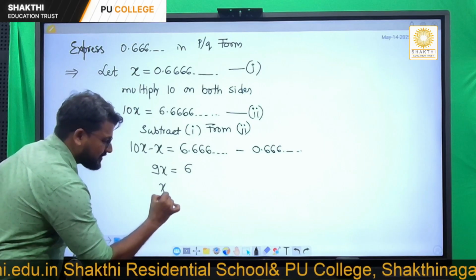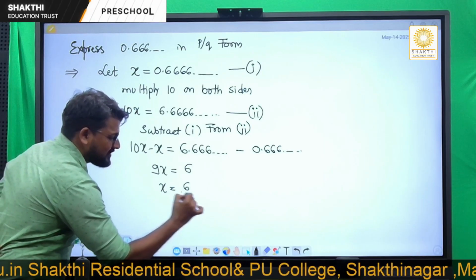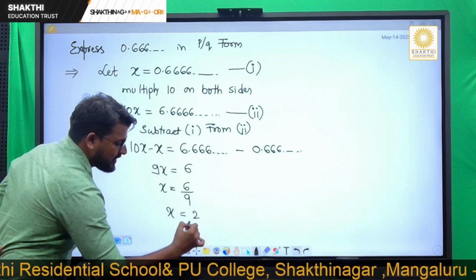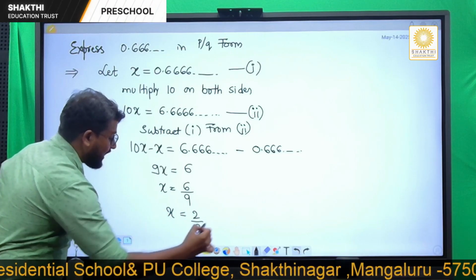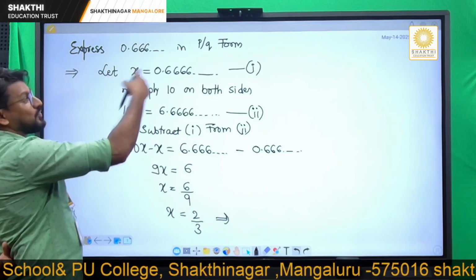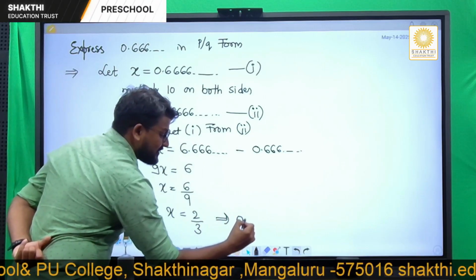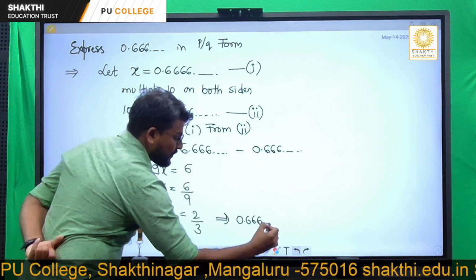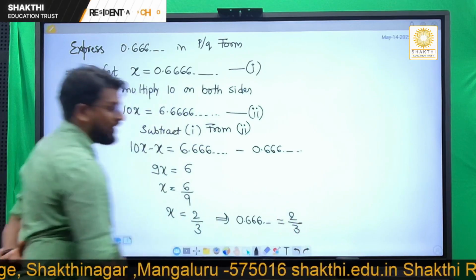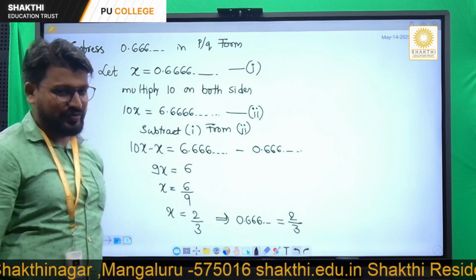Now x is equal to 6 divided by 9, or you can say x is 2 by 3. And what was x? X was 0.6666 and so on, which we wrote in the form of p by q as 2 by 3.